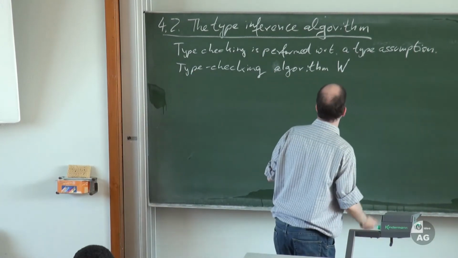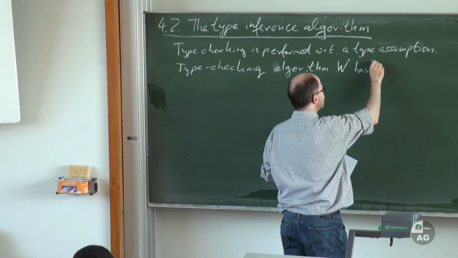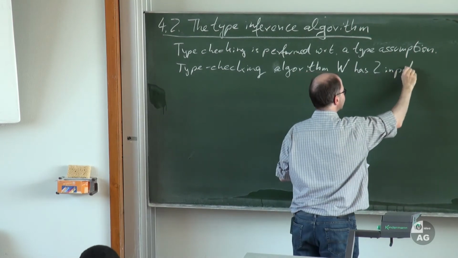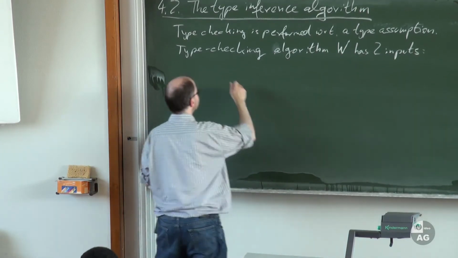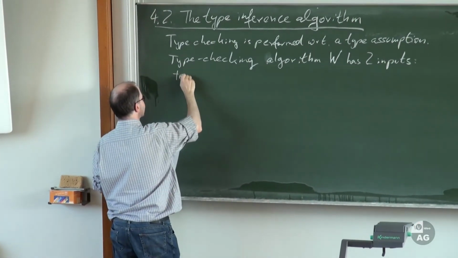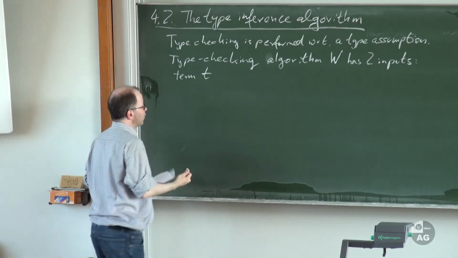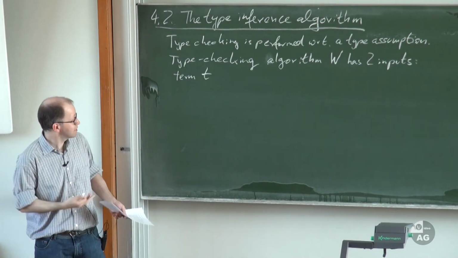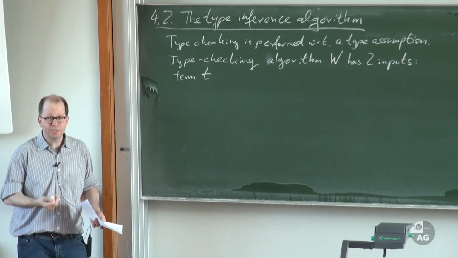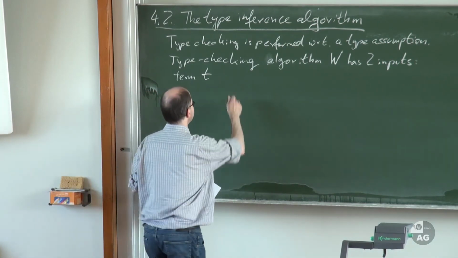So the type checking algorithm W has two inputs: a term T, that's the term that we want to type check, and we want to find out is this well typed, and if yes, what is the most general type of T?